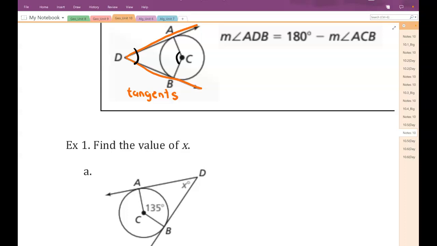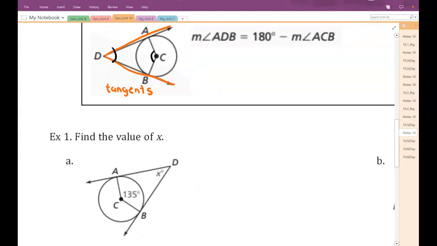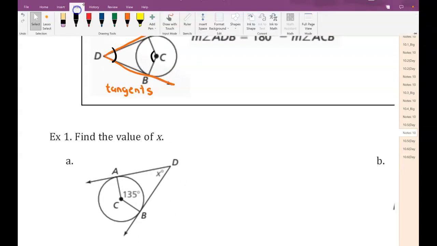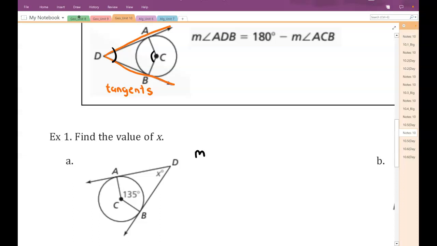So I'll do what I did yesterday, kind of leave the theorem up there and write out what we're trying to find. So we're trying to find the value of x, our unknown. So we could say the measure of angle D, or we could be specific, angle ADB, just like in the theorem, going from A to D to B along the outside, is equal to 180 degrees, that's always going to be in there, minus the measure of our central angle that our circumscribed angle intercepts.